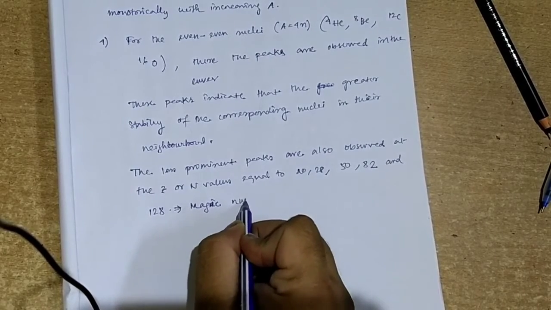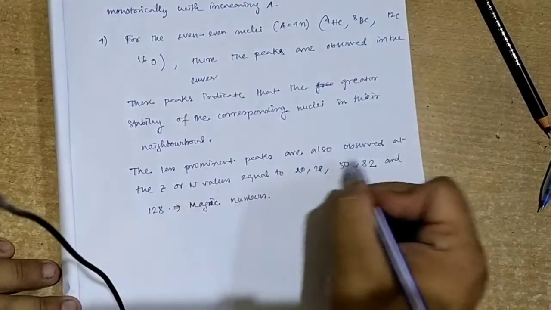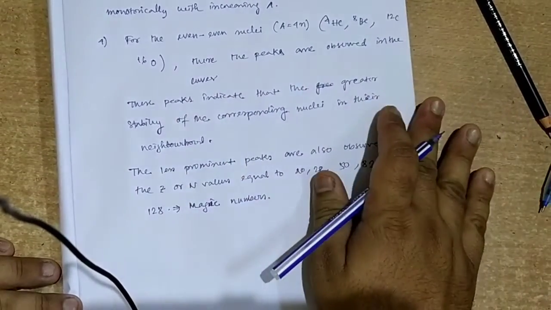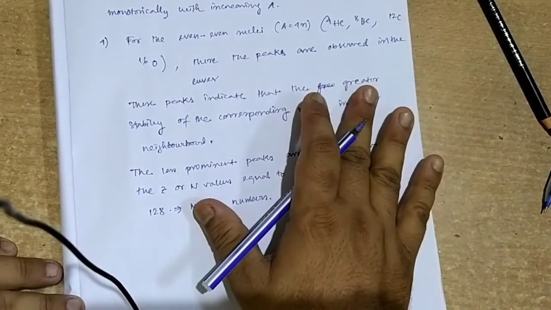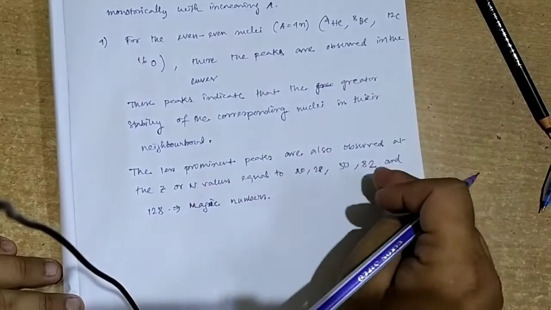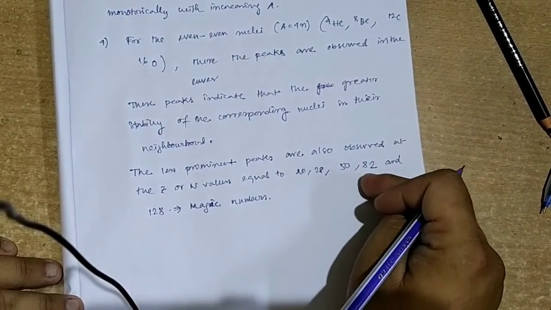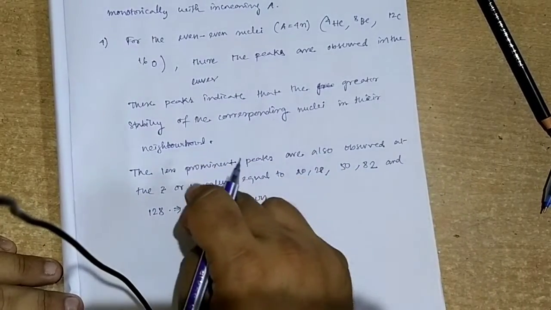These numbers are called magic numbers, because in the nuclei that have these Z or N values, the less prominent peaks are also observed.